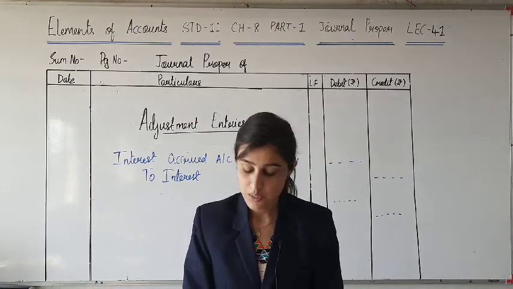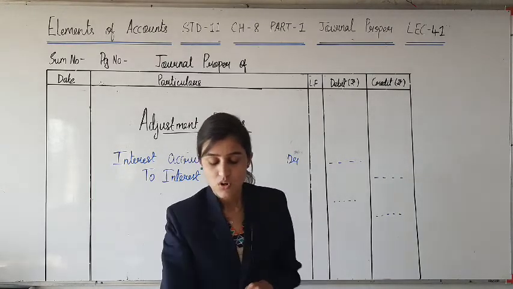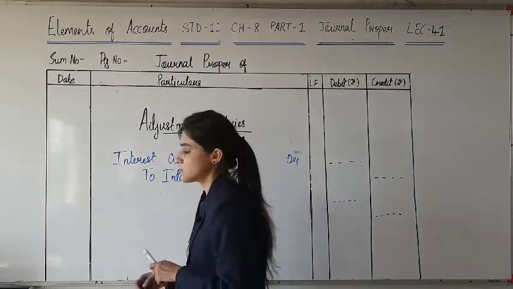Next is depreciation of 500 on machine to be written off. This is interesting.